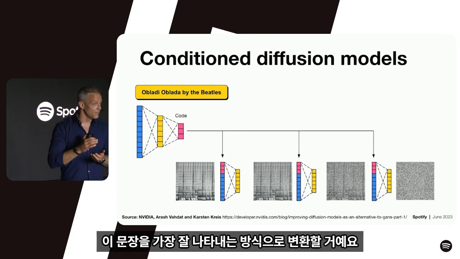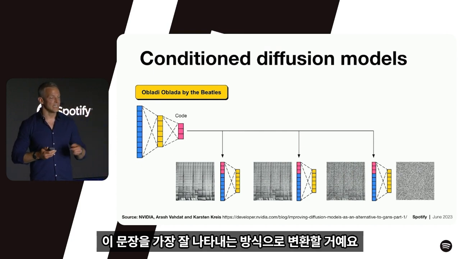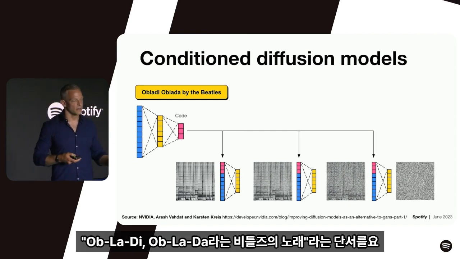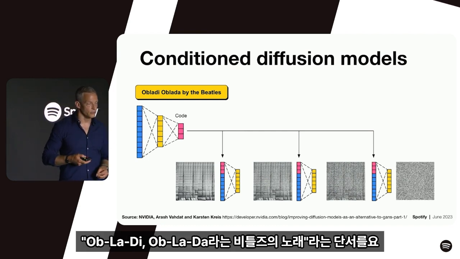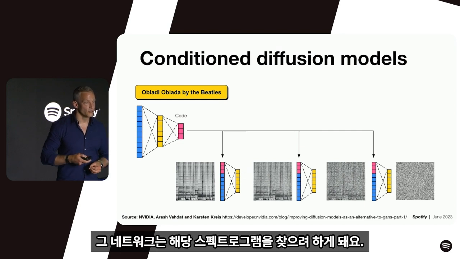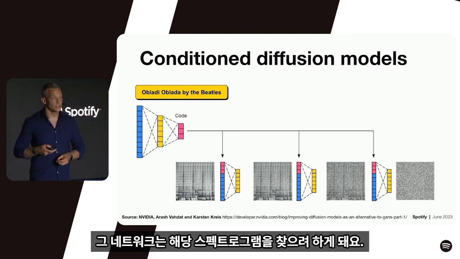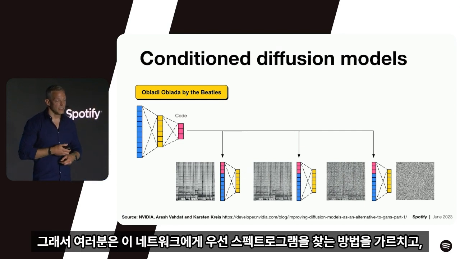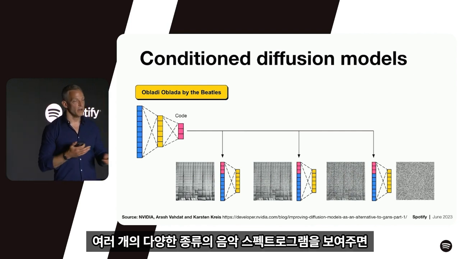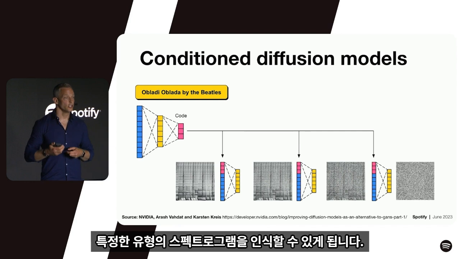It's going to find the best representation of this sentence. And so now you're giving that sentence, the song Obladi Oblada by the Beatles, as the clue to this diffusion network as it is trying to find this spectrogram. And so you're going to teach it to first of all, find spectrograms, but you're also going to teach it, if you show it many spectrograms with many different types of music, a certain type of spectrogram.